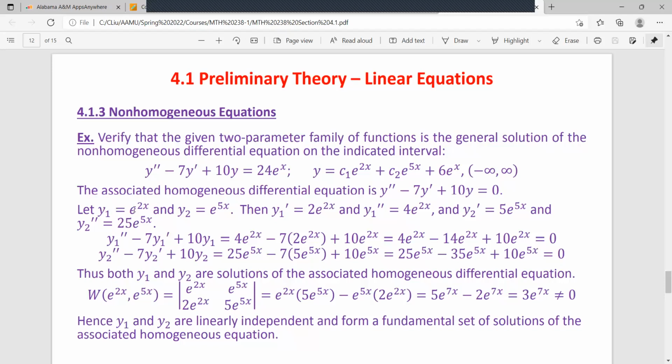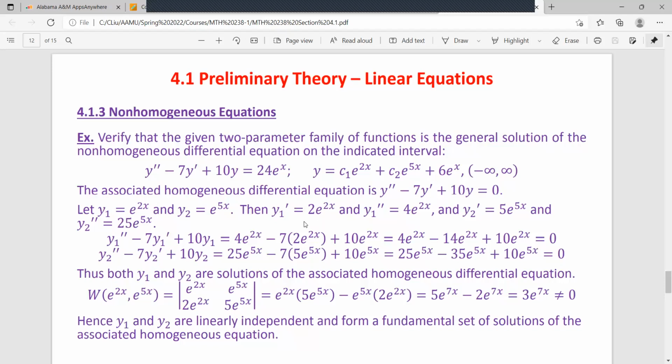It's already given here: y1 equal to e to the 2x and y2 equal to e to the 5x. So if you plug in y1 or y2 in the homogeneous equation, you can see they actually satisfy the equation.